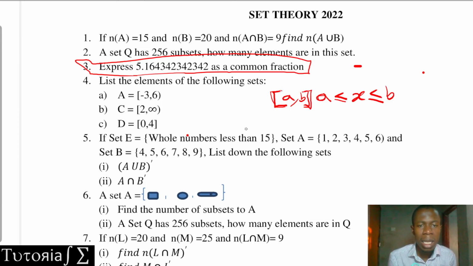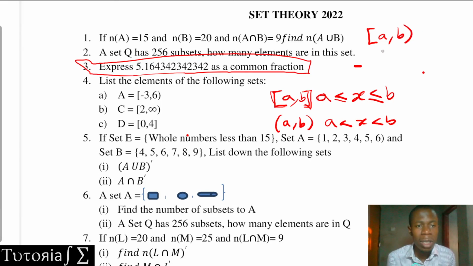Then the parentheses: if you have A, comma B, this means A less than X less than B. And the two can be combined as you've seen in this question. You can have a closed bracket there, A, then B, then a parenthesis.